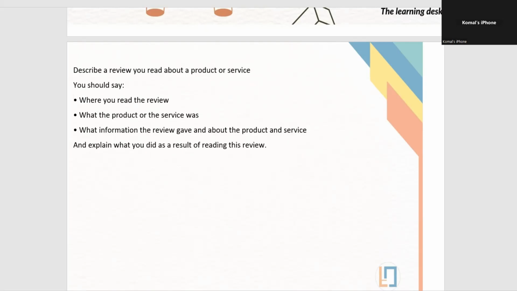But you never mentioned that it was sent to you over mail, so you don't know whether you read it or did you have a face-to-face review or feedback, right? What information did the review give about the product or service? We did not speak about that, right? And what you did as a result, this we partially covered when you said that you ordered the product. Okay, so that is something that we covered.